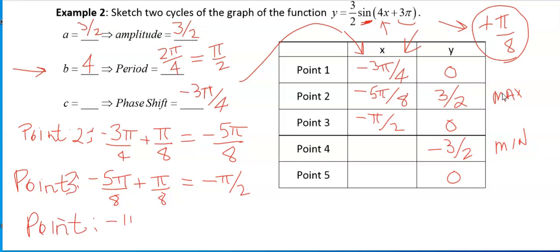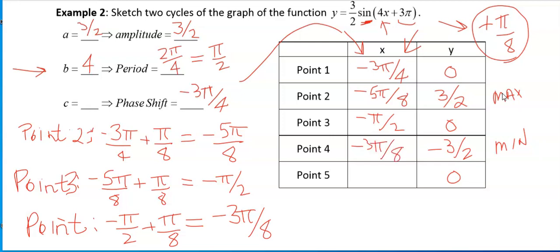We left off at negative pi over 2, and you add to that pi over 8 once again. Now, like I say, you can do this with your calculators, or if your calculator is not able to do that, you'll have to get a common denominator. But you're going to get negative 3 pi over 8. And that is your fourth point.